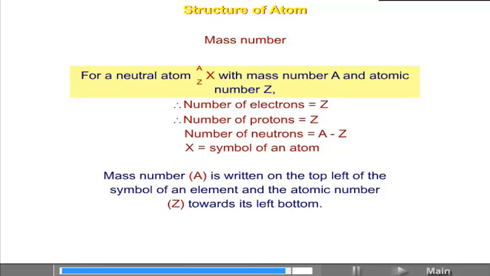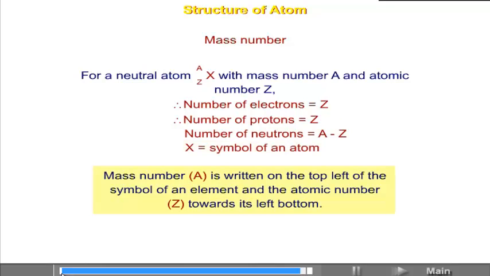For a neutral atom ZXA with mass number A and atomic number Z, number of electrons is equal to Z. Therefore, number of protons is equal to Z. Therefore, number of neutrons is equal to A minus Z. X represents symbol of an atom.